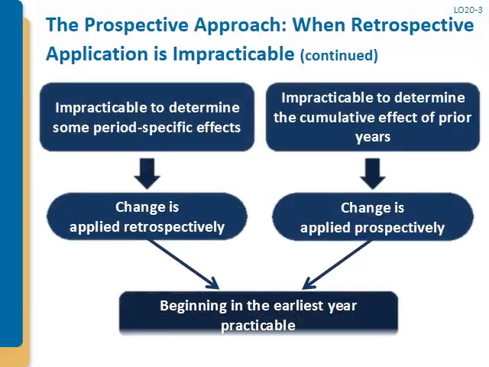A company may have some, but not all, of the information it needs to account for a change retrospectively. If it is impractical to adjust each year reported, the change is applied retrospectively as of the earliest year practical. For instance, let's say a company changes to the LIFO inventory method effective as of the beginning of 2016. It has information that would allow it to revise all assets and liabilities on the basis of the newly adopted method for 2015 in its comparative statements, but not for 2014.